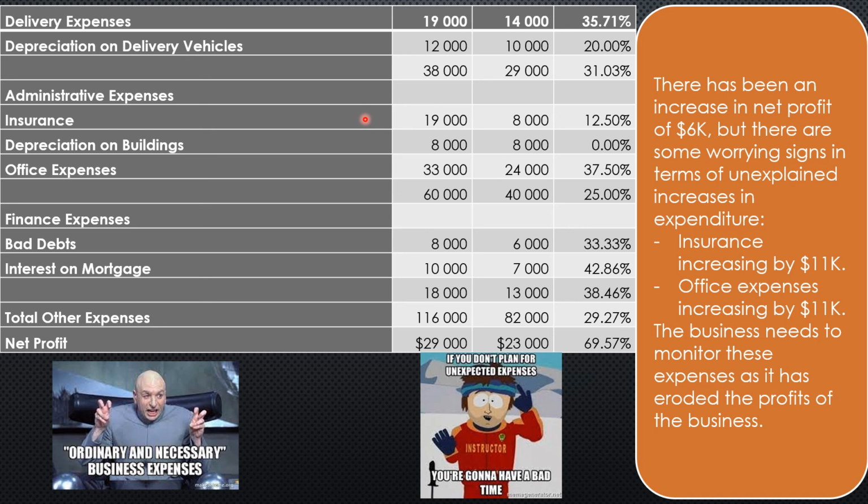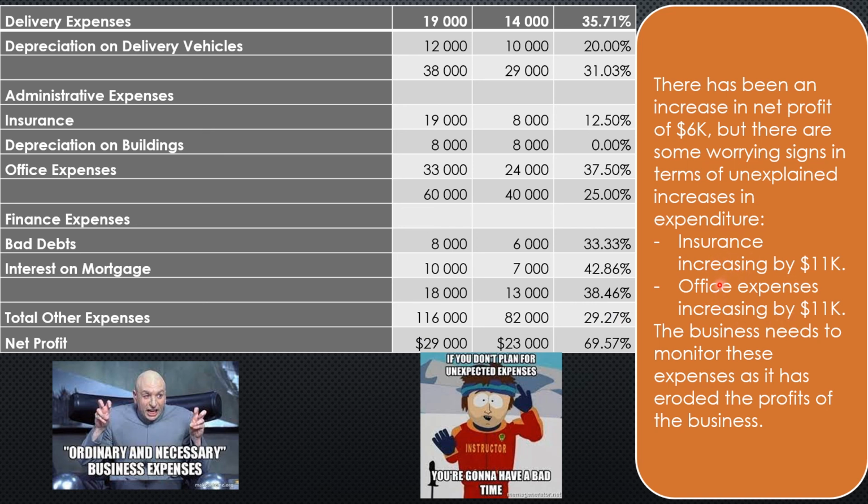Another one which you'd obviously look at is our office expenses, which has gone up from $9,000. And so therefore, they are the two major accounts that have contributed to the erosion of the net profit for this business. Still a good outcome that we've actually increased our profits, but it could have been better if we actually looked at and monitored those two accounts, which I've just explained there.